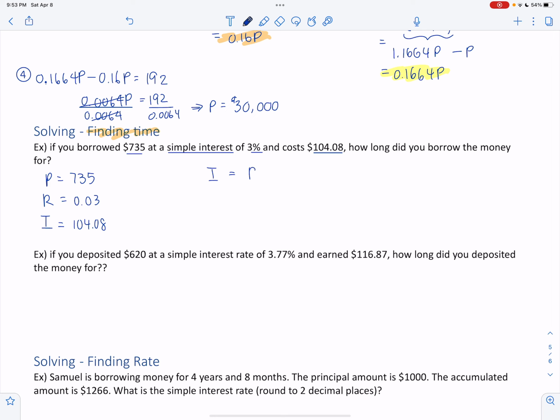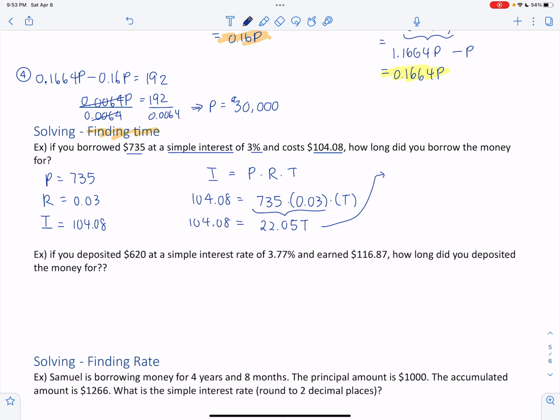Interest is principal times R times T. You know I is 104.08. Principal is $735 times the interest rate times the time. I don't know the time. Typing into the calculator for this part, you have 22.05t. Solve for t, divide both sides by 22.05.